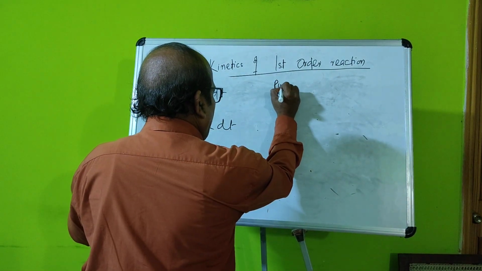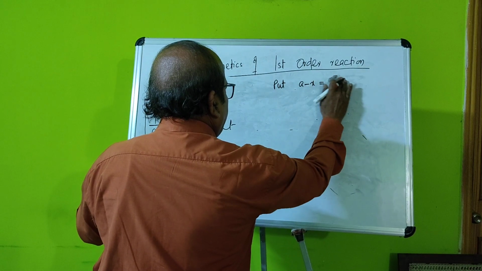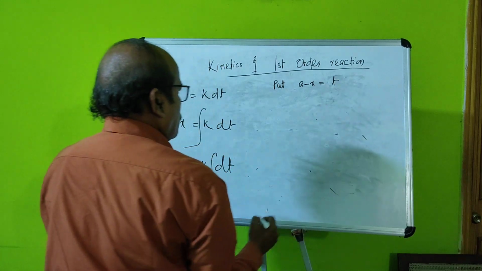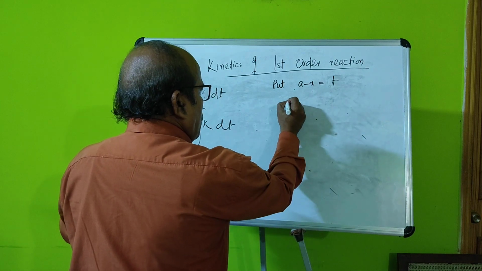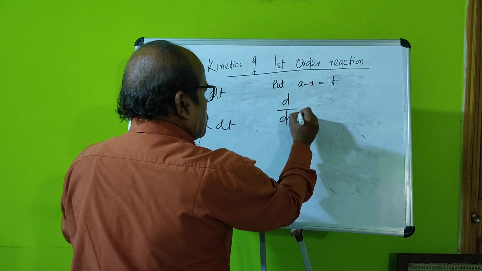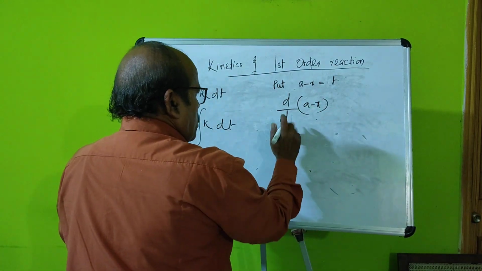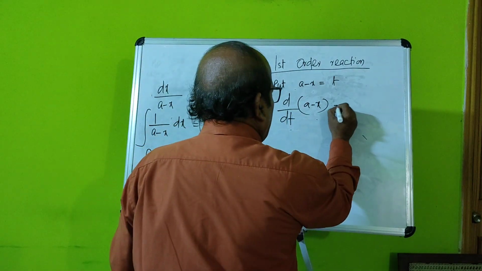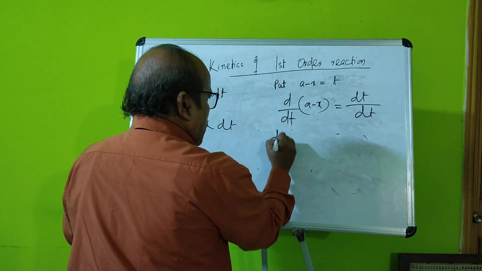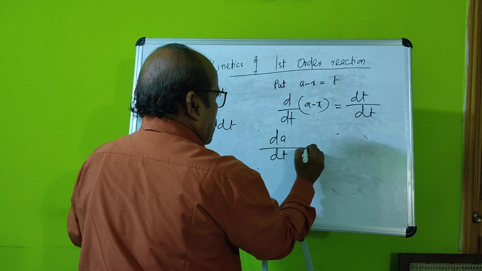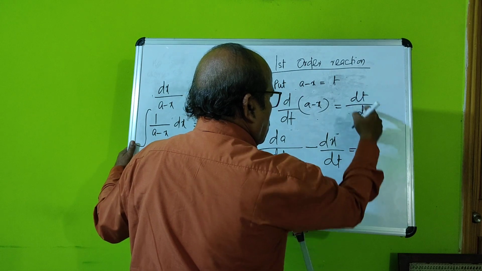Put a minus x equal to t. Differentiating this equation, d of a minus x with respect to t is dt by dt. Now da by dt minus dx by dt is equal to dt by dt, which is 1.